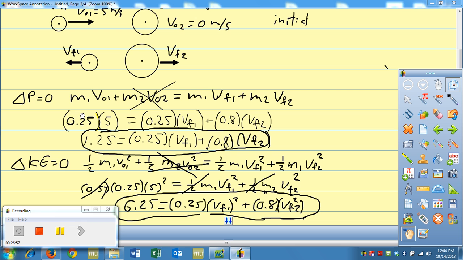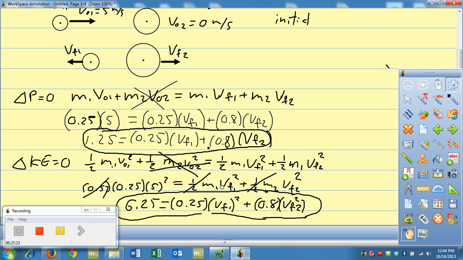So here we go, we say the momentum initial equals the momentum final. And you can see there was no momentum initial for the second ball because it wasn't moving. And then we say kinetic energy initial equals kinetic energy final, and there also was no kinetic energy initial for it.